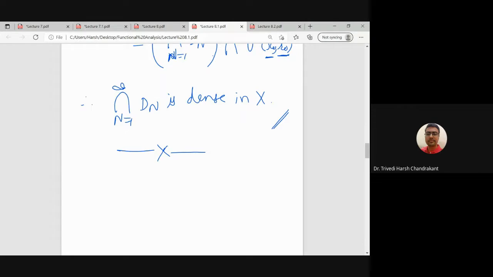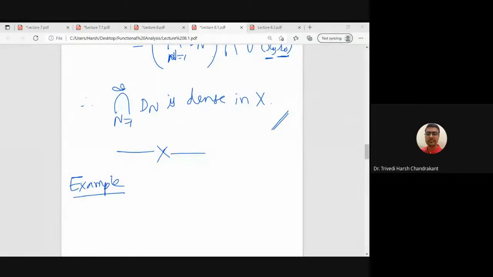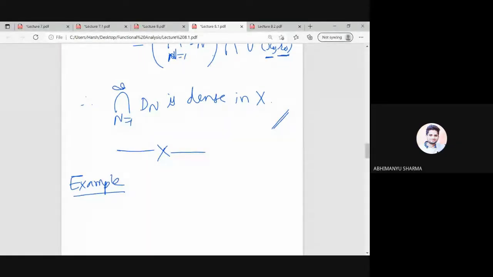But we are not saying that the intersection is open. So do you know any example where the infinite intersection of open sets is not open? The intersection over n of the interval from minus 1 by n to 1 by n. So what is the intersection? It is {0}.